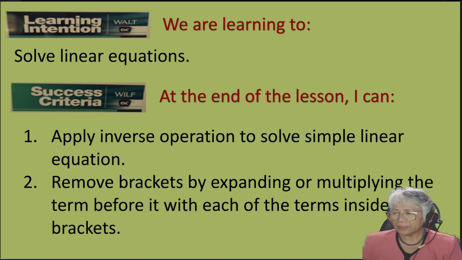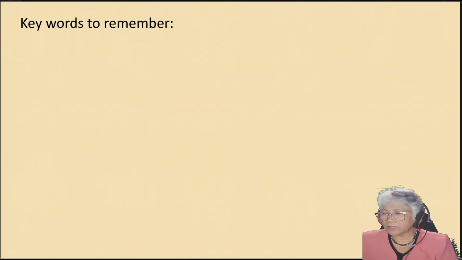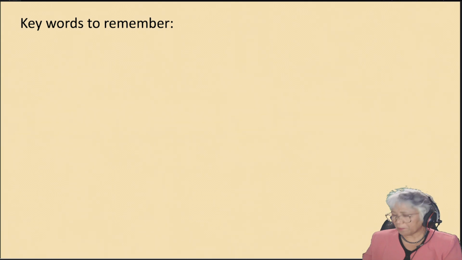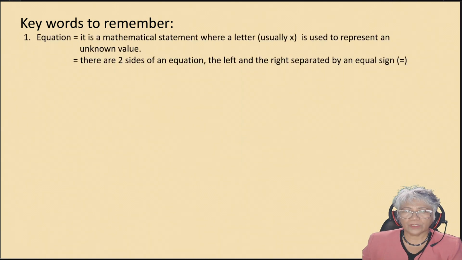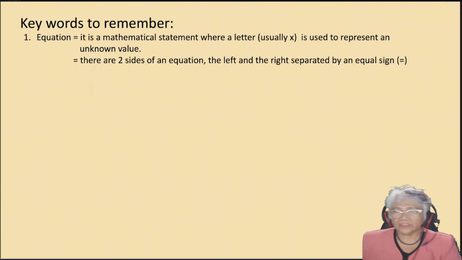So next up, we're going to look at keywords to remember. The first one is equation. This word is not new to everyone, but as a refresher, we're going to look at the meaning.